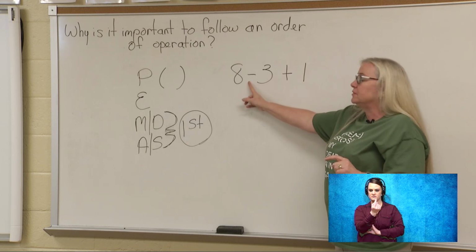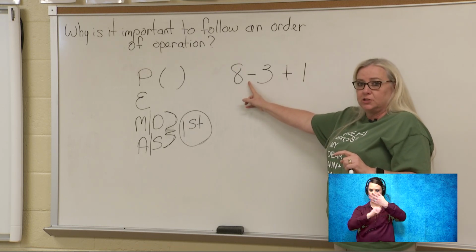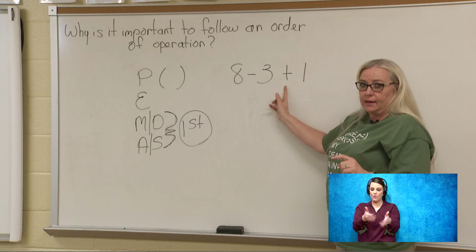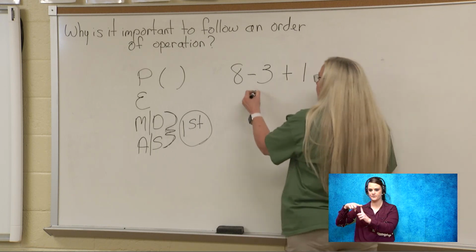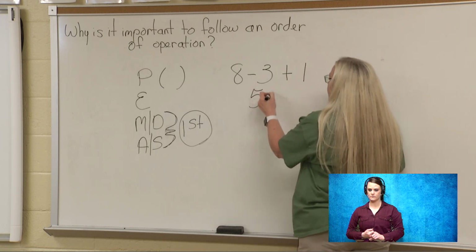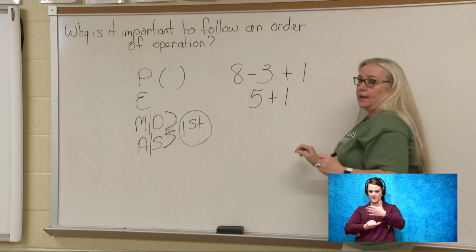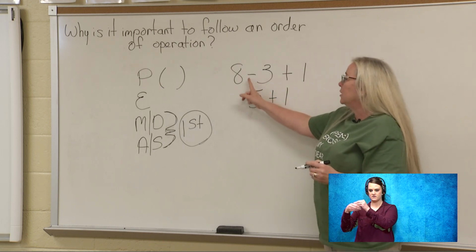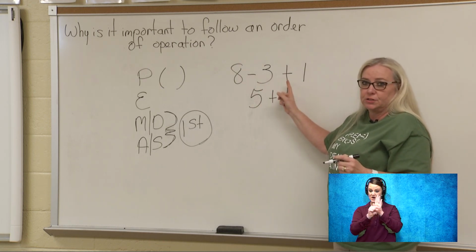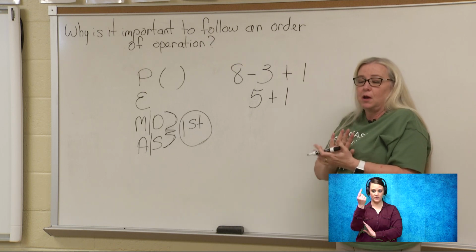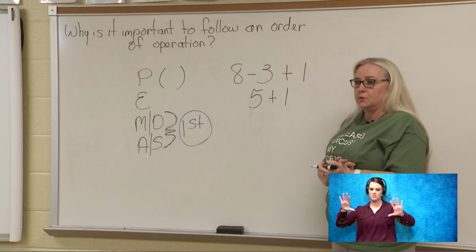So we have to subtract in this equation before we add. So here we have to subtract, then we can add because it comes before addition. Does that make more sense? I'm hoping that makes more sense to you.